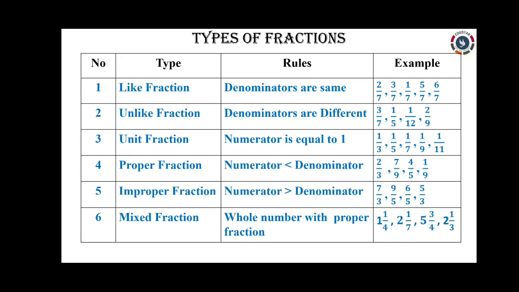Next we are going to see about conversion of fractions. In conversion of fractions, there are two types of conversion. Conversion of an improper fraction into a mixed fraction. Okay. What is the rule for improper fraction?